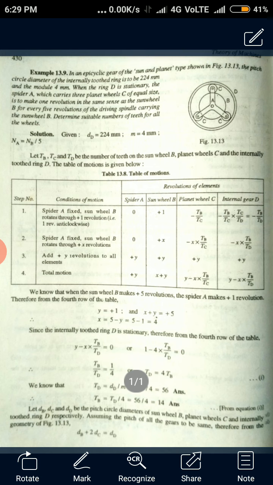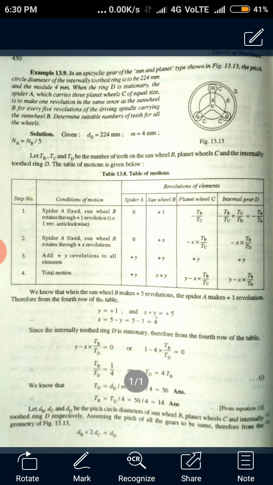So TD equal to DD, the diameter of gear D, divided by module M. DD is 224, M equal to 4, so TD equal to 56. So the number of teeth on D is 56.